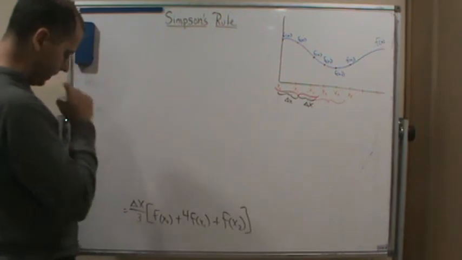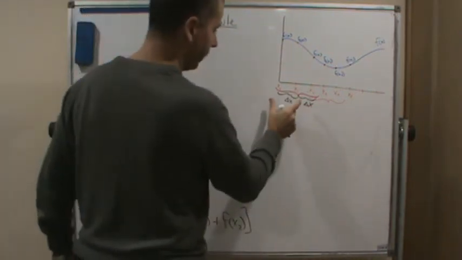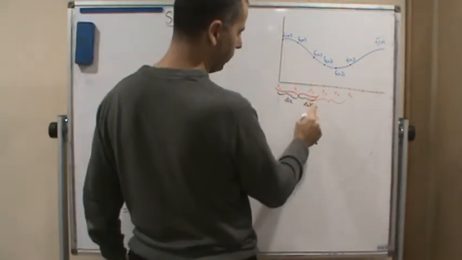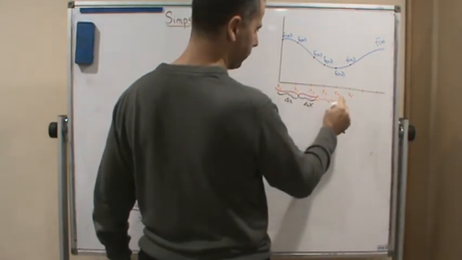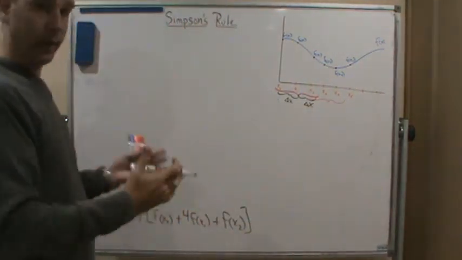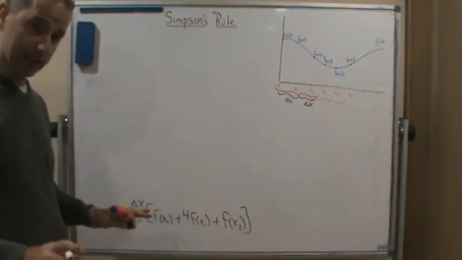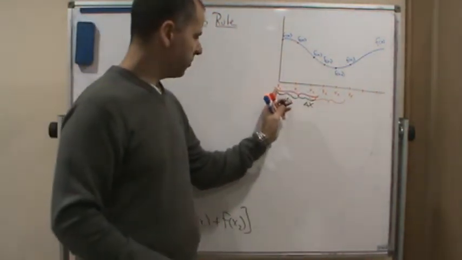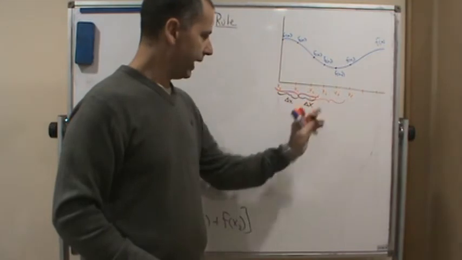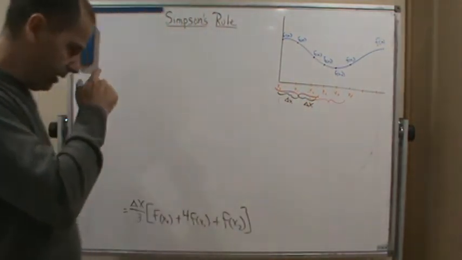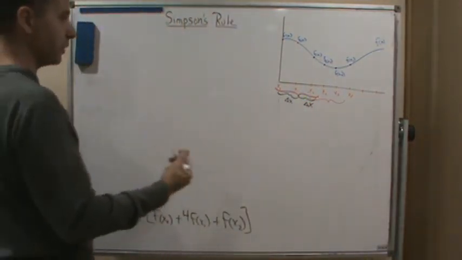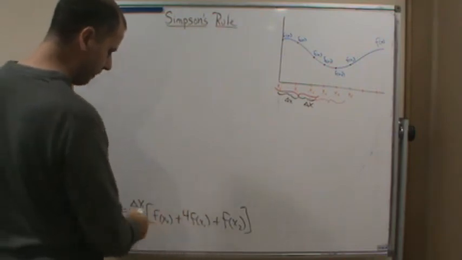If I did this for x0, x1, and x2, and then did the same thing for x2, x3, x4, I'd get two areas, right? So this represents the approximate area under x0 to x2, okay? And if I did the similar thing, I would get a similar result for that.